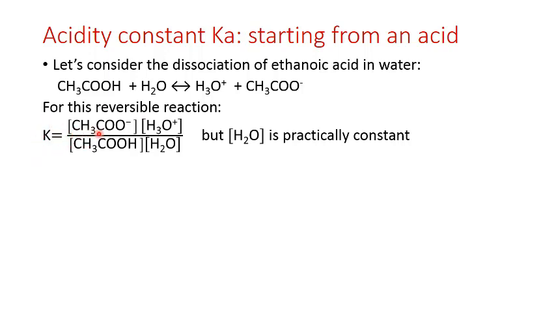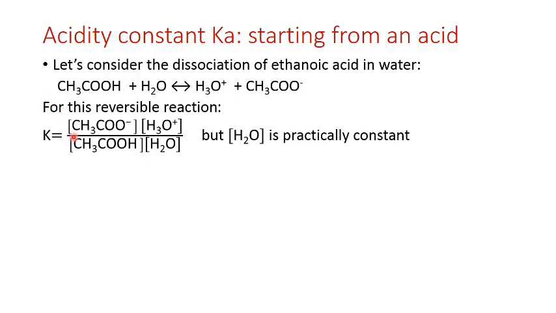So simply by applying the formula of K, it is equal to the concentration of each of the products raised to the power of the coefficient each product has. But here in our reaction, all the products and reactants have a coefficient of 1, 1, 1, and 1.